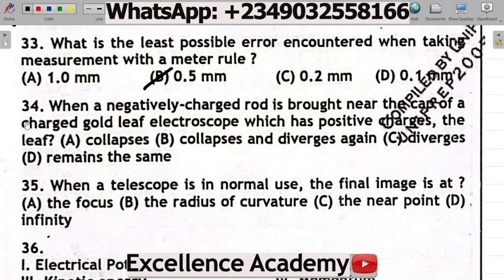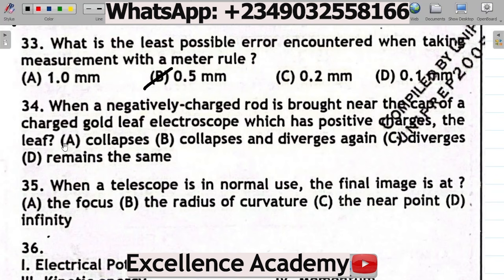Next up, question 34. 34 says, when a negatively charged rod is brought near the cap of a charged gold leaf electroscope, which has positive charges, the leaf A collapses, B collapses and diverges again, C diverges, D remains the same. All right.